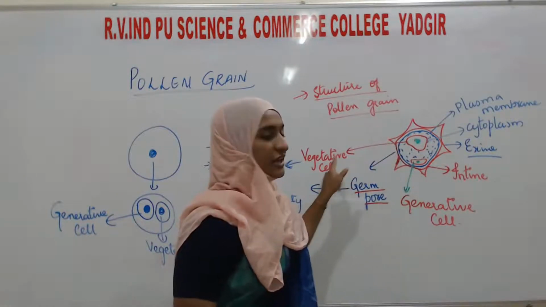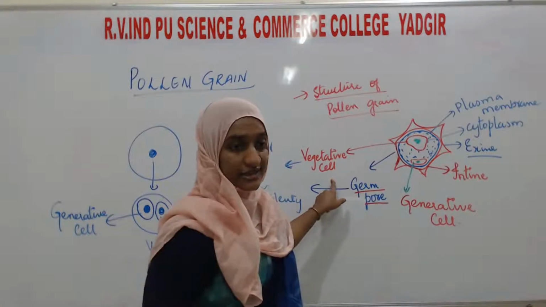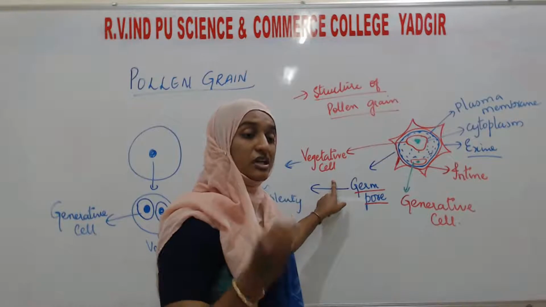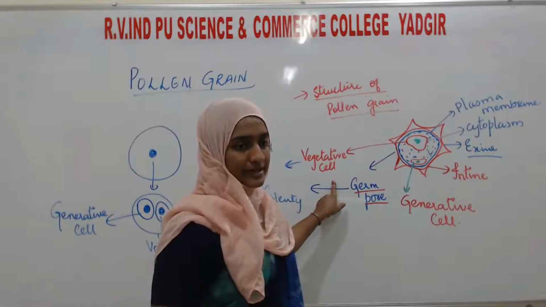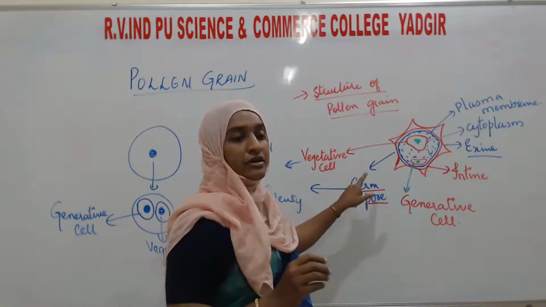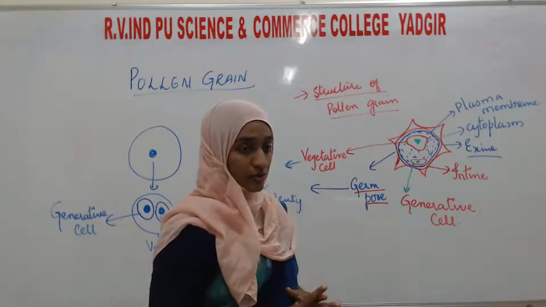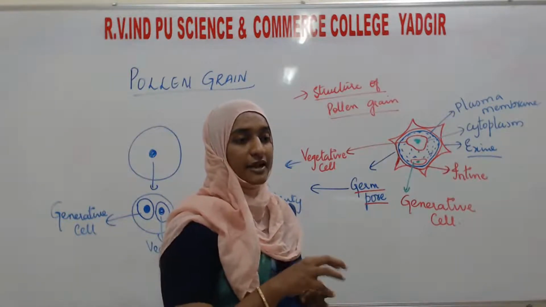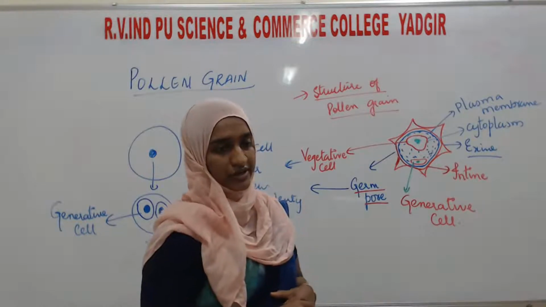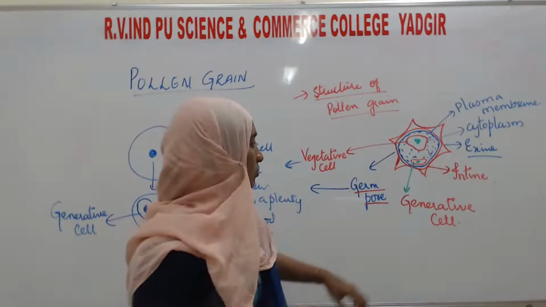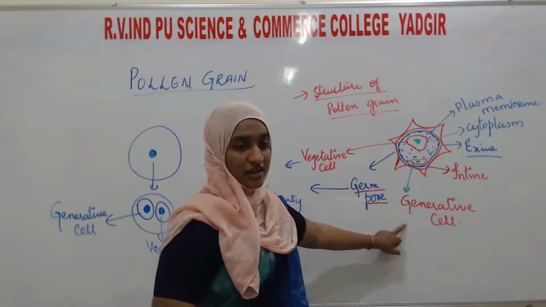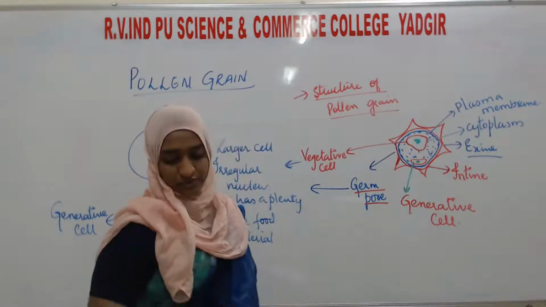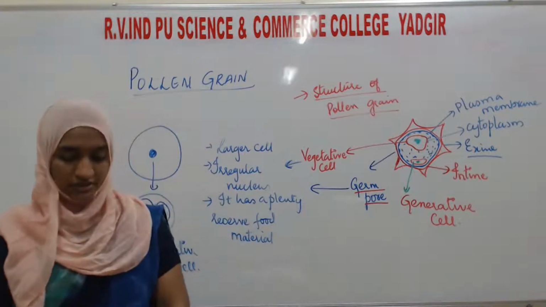This vegetative cell will be larger in size due to the presence of a larger amount of reserve food material. Except these, it has an irregular shaped nucleus, and always the vegetative cell will lie at the center of the pollen grain. Then next to that, one more cell is there, that is the generative cell, which is a smaller cell and which lies at the periphery of the pollen grain.